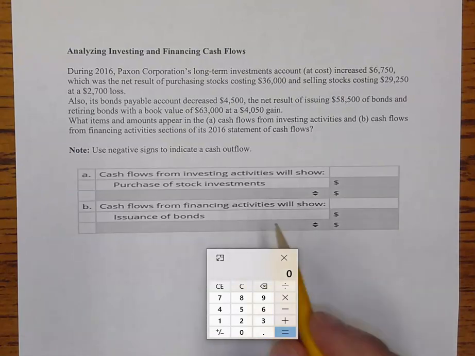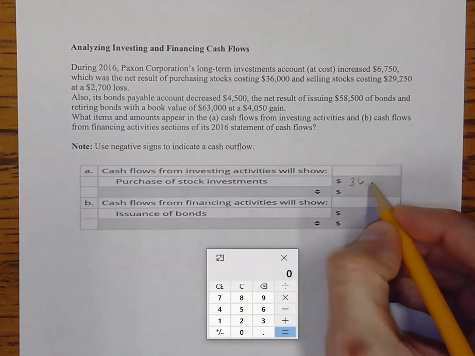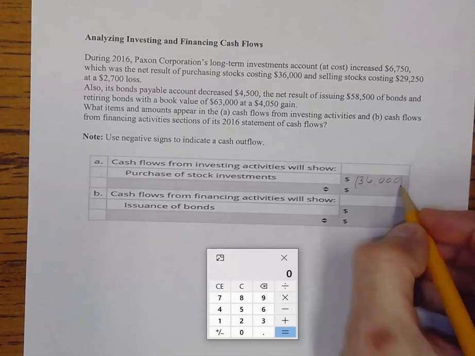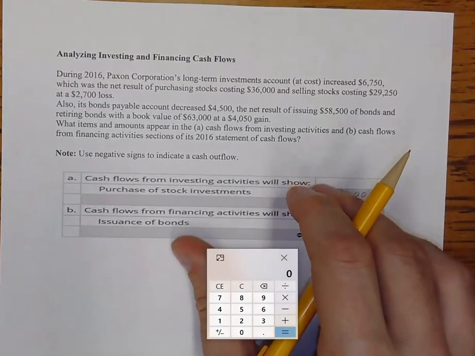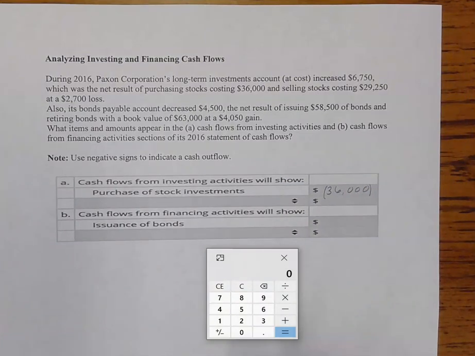We spent $36,000 on some type of stock investment. So when we put this $36,000 here, we're going to put that in as a negative because that is a cash outflow for those stocks costing $36,000.